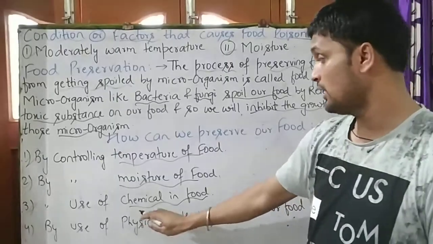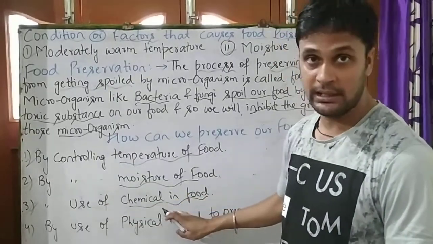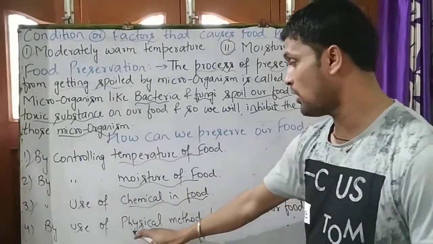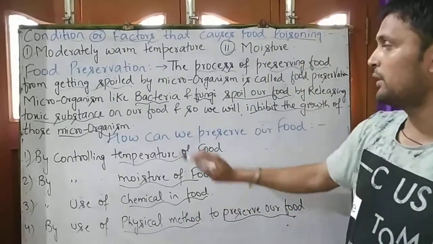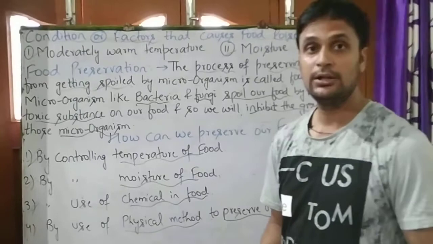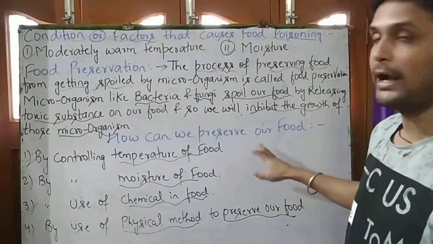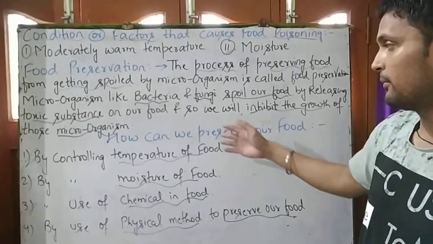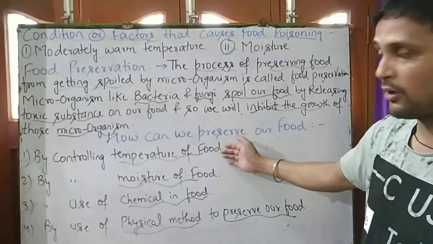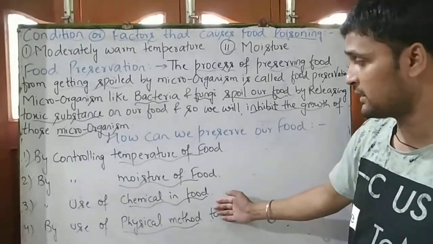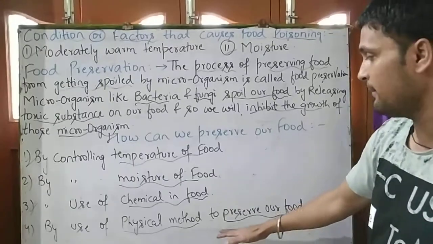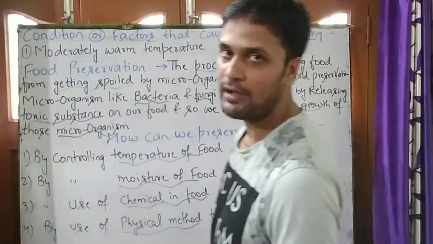The third is by the use of chemicals in food. The fourth is by the use of physical methods to preserve our food.